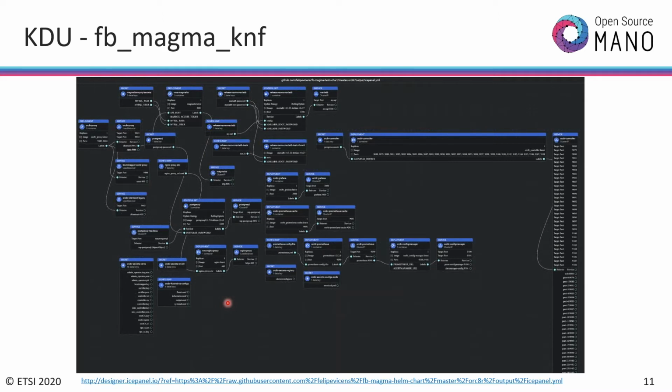All these components are, at the end, one VNF that we model as a KNF. You are deploying this all the time, but as you can see, it's a very big and complex function.